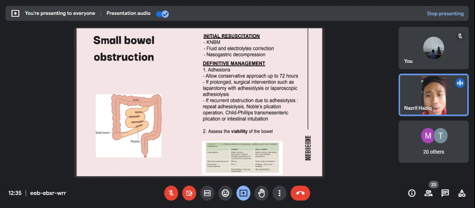If the symptoms do not relieve after 72 hours, then we can consider surgical intervention such as laparotomy with adhesiolysis or laparoscopic adhesiolysis.